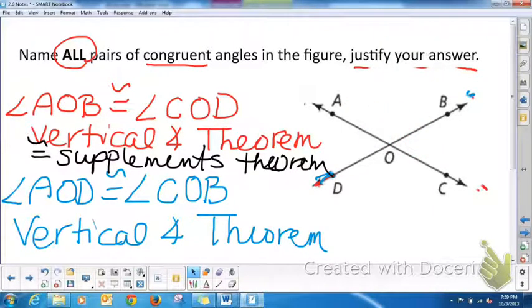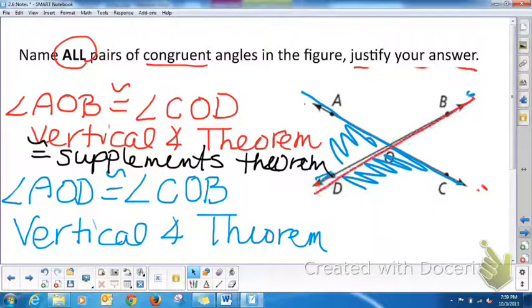So therefore they could be congruent. Or you could also say they're both supplementary to COD. Isn't that true? They form a straight line. So these two are supplementary. Or these two form a straight line. So they are supplementary. And therefore you know these angles are congruent. So either way you could have proved it.